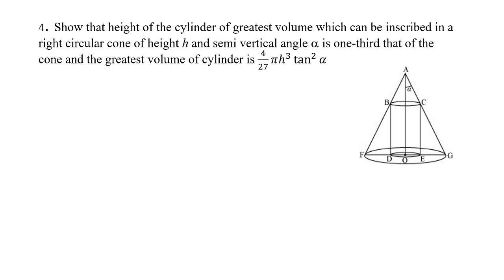So then we have to find the maximum volume of the cylinder. The cylinder is inscribed in a cone. Here the semi-vertical angle is given to be alpha, this angle, and the height of the cone is given as h. So these are the two things given. You have to find the maximum volume of the cylinder inside the cone.